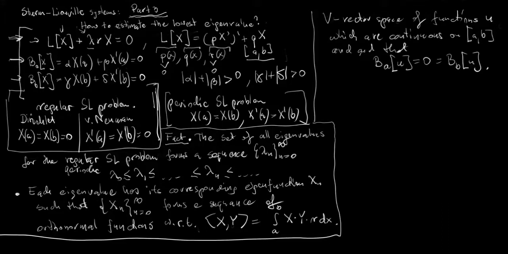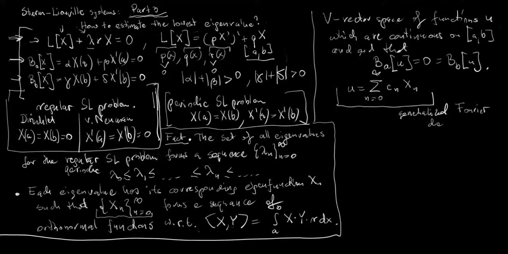Okay, then each of such functions u can be decomposed onto functions from this sequence with coefficients C n, x n, and n runs from 0 to infinity, and this decomposition is called generalized Fourier decomposition of u.